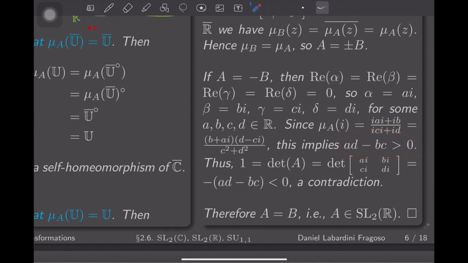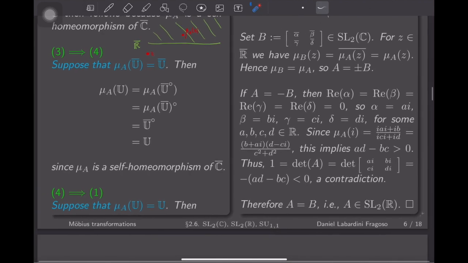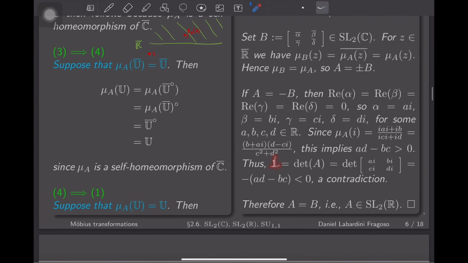Okay, that's positive, but then I go back. 1 is the determinant of A. The entries of A, well, I just substitute, and I compute the determinant.